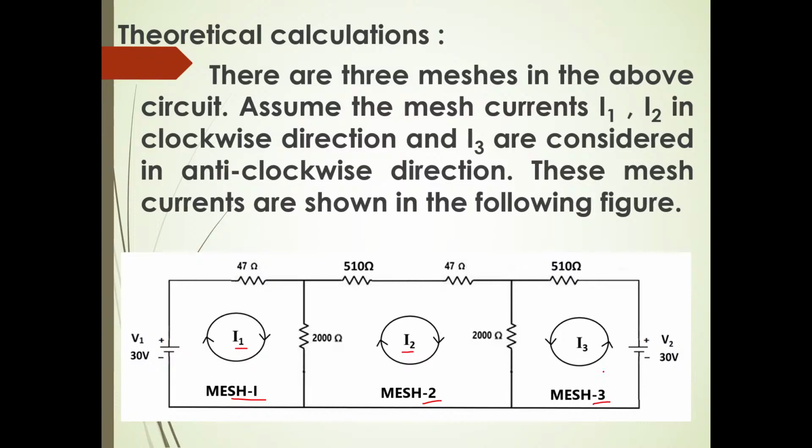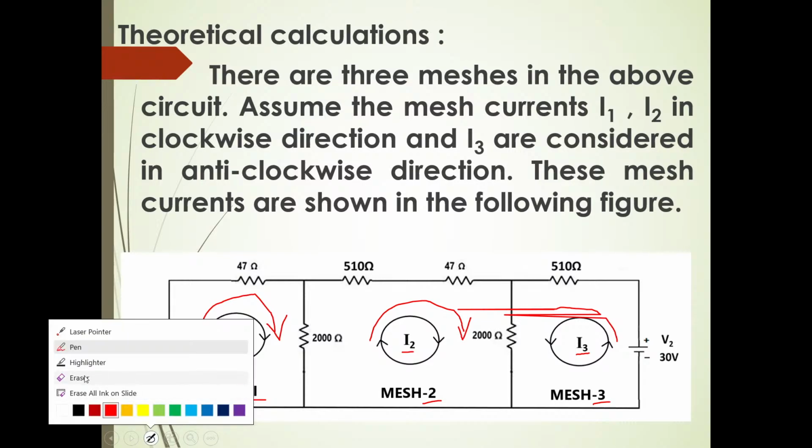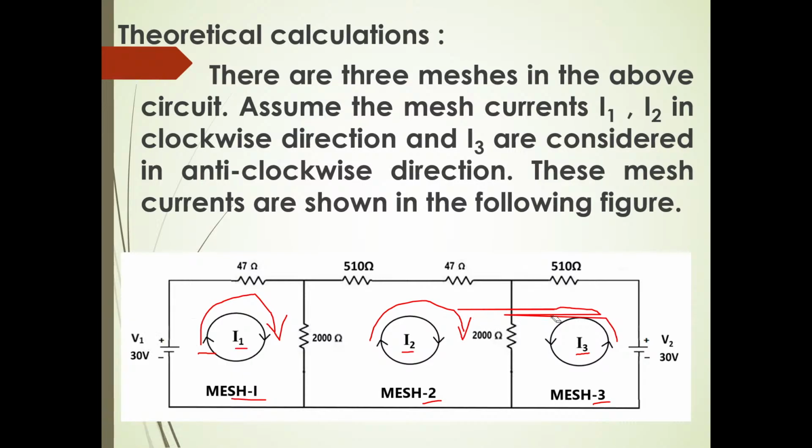In mesh 3, the loop current as I3. I1 is in the clockwise direction. I2 also I have assumed clockwise. And for I3, because of this source, I have assumed the direction anti-clockwise in mesh 3.